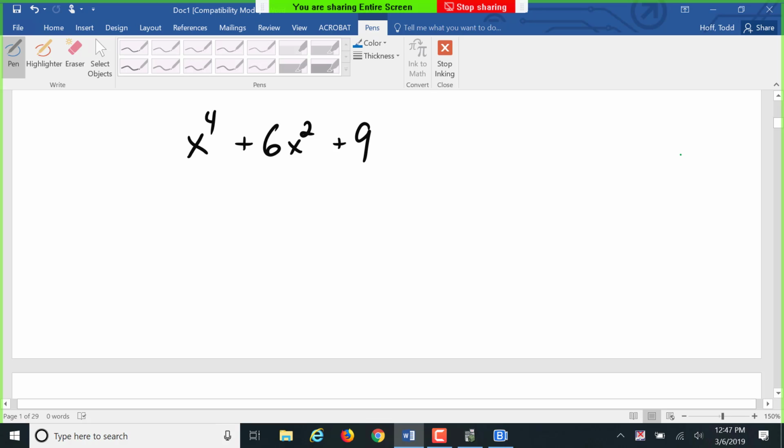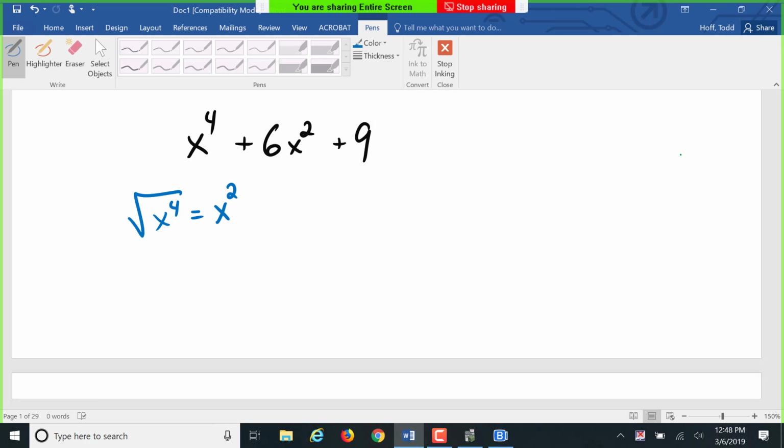Is this a perfect square trinomial? Well, the powers look weird, don't they? But what is the square root of x to the fourth? X squared. Good. Remember, when we square root, we divide the powers by 2. When we square, we're multiplying the powers by 2.